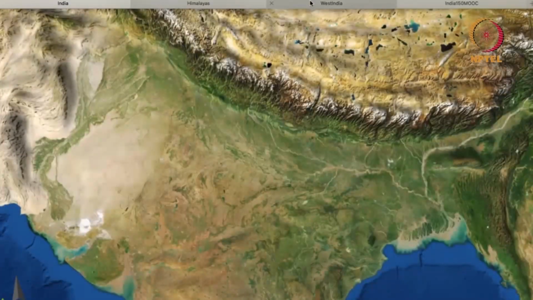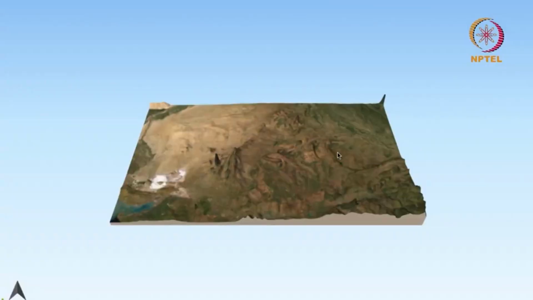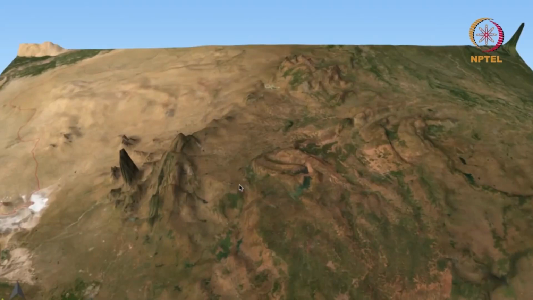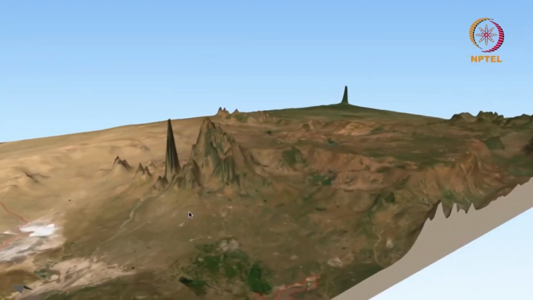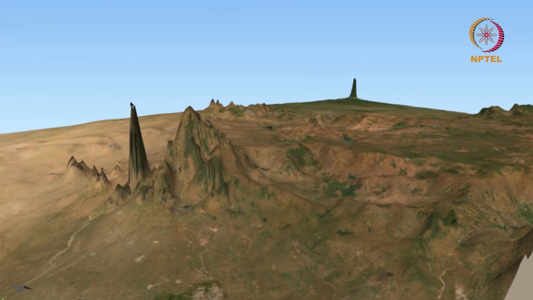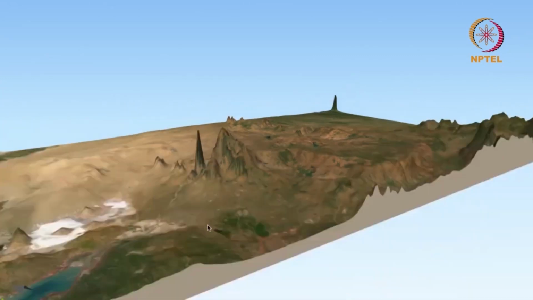So if we look at the Aravallis, in this particular model the Z magnification is 100 times so that we can see them. These are the Aravallis, and this is the highest peak, which is Guru Shikhar.